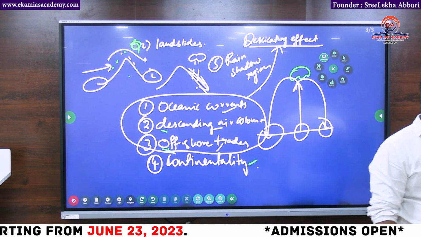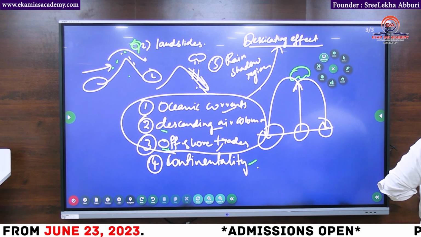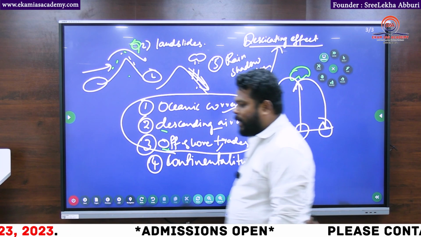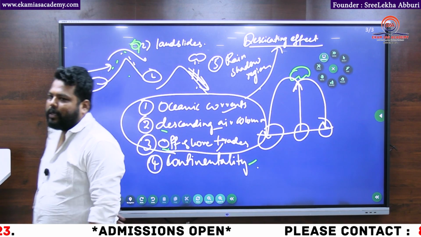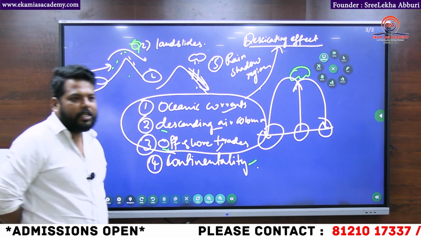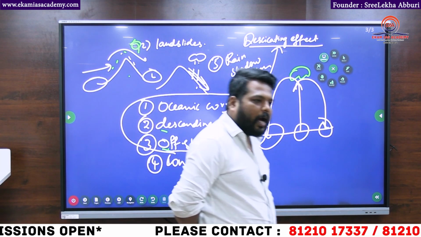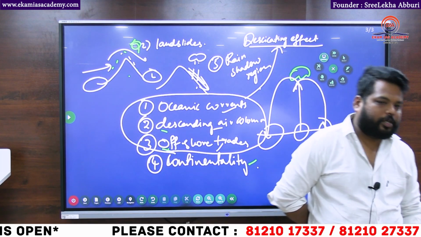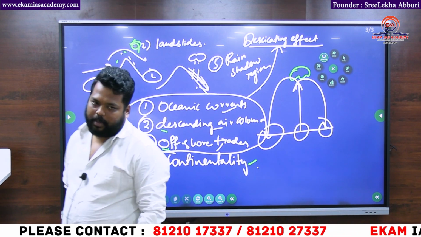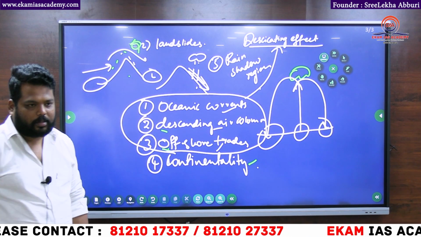What else? You should not say it as a rainfall, temperature or monsoon. You can say oceanic currents tend to determine the climate of the regions, different regions. The regional climates, the local climates, are dominated by the oceanic currents. What else?